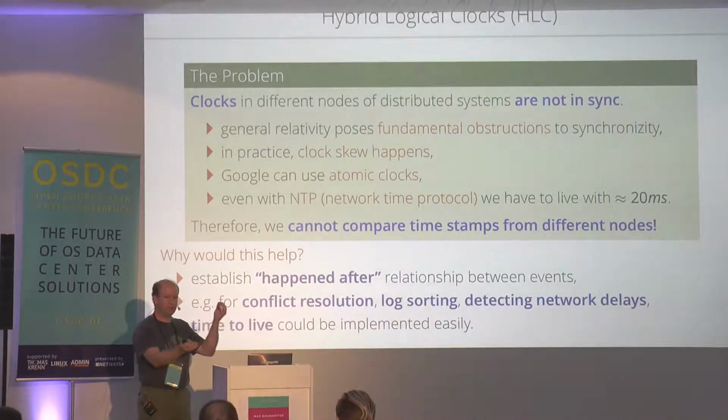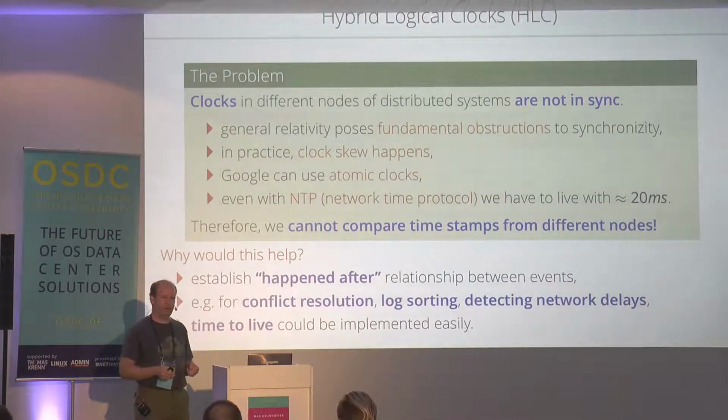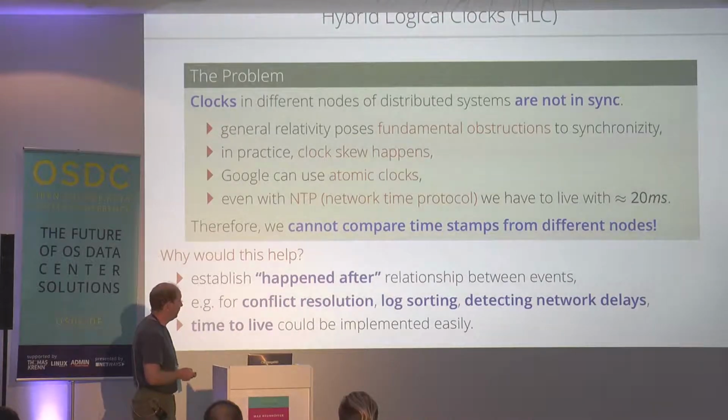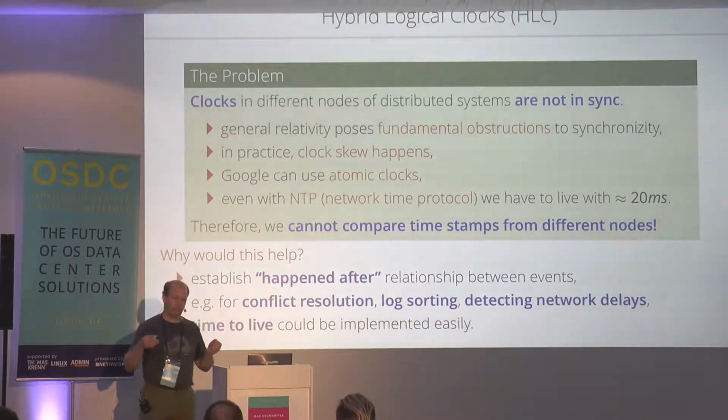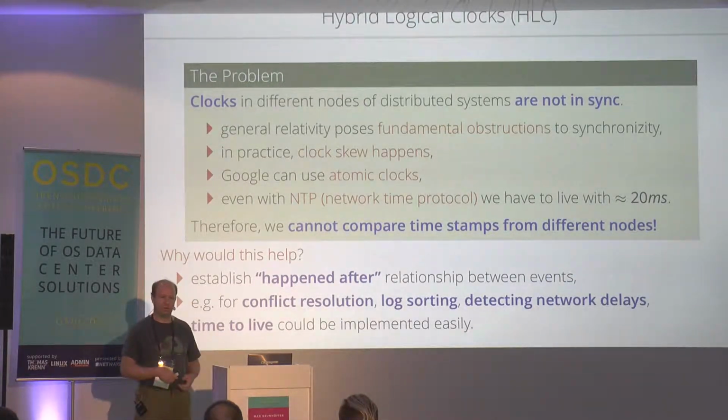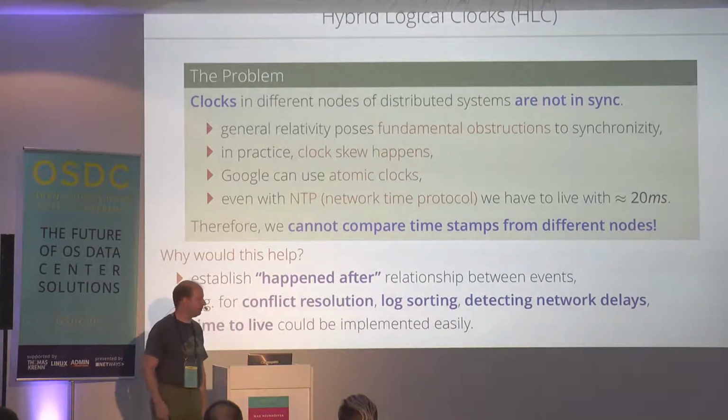Imagine we want to study logs of different servers. We want to compare the timestamps to understand what happened when, and the timestamps aren't correct. That's a bit of a problem. We want to measure network delays. We want to maybe sort out conflicts arising when we write on different machines. So the problems are all over the place. What can you do about it?